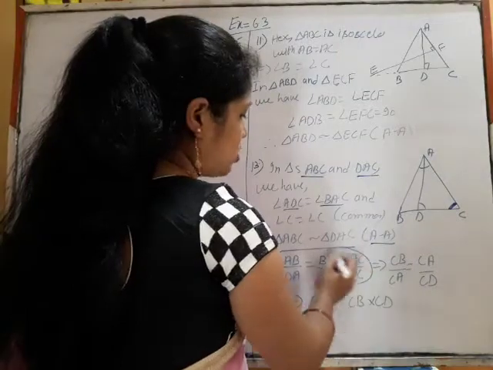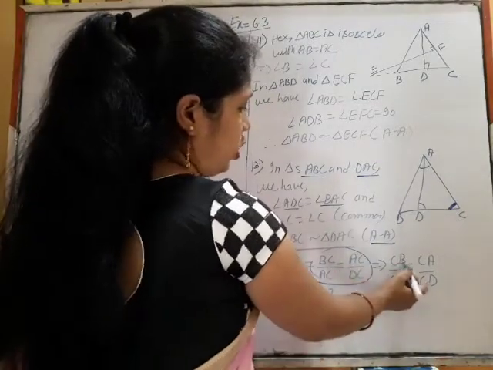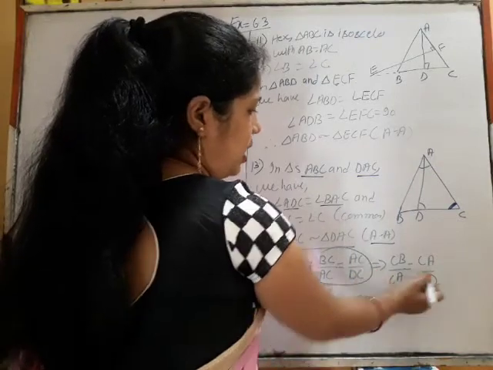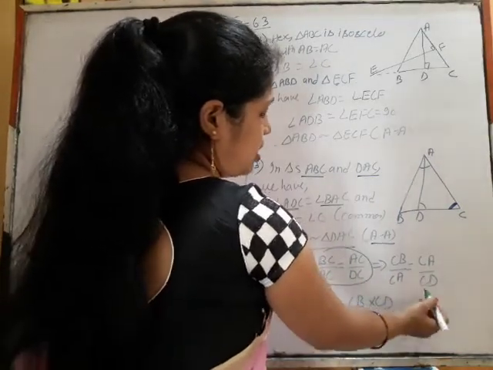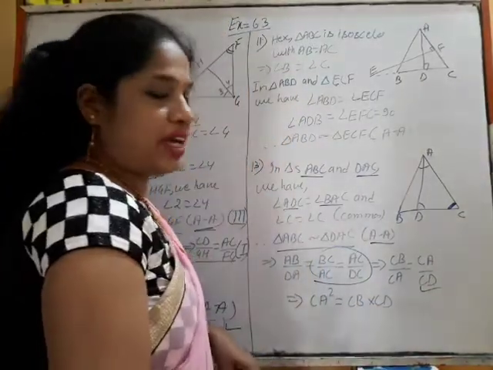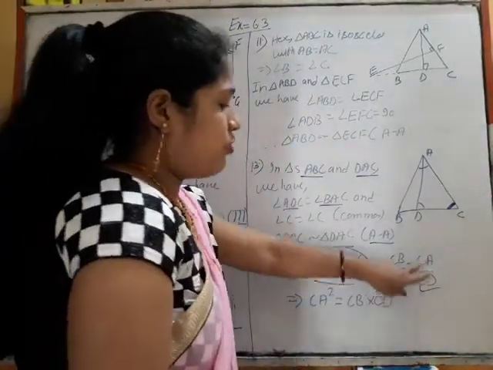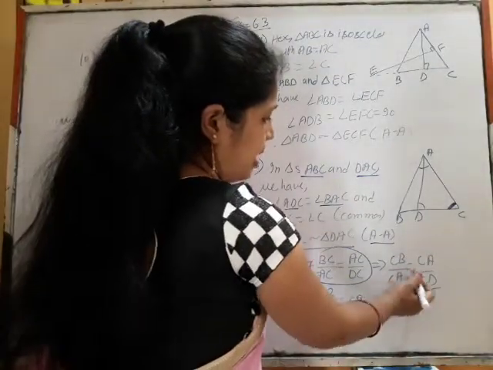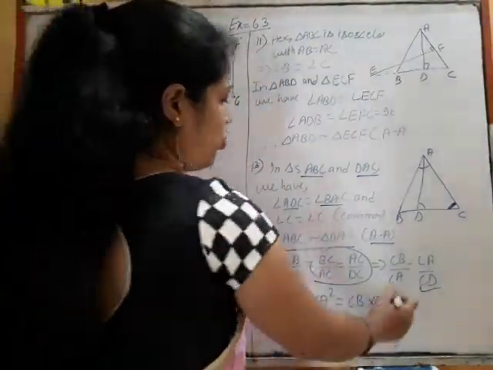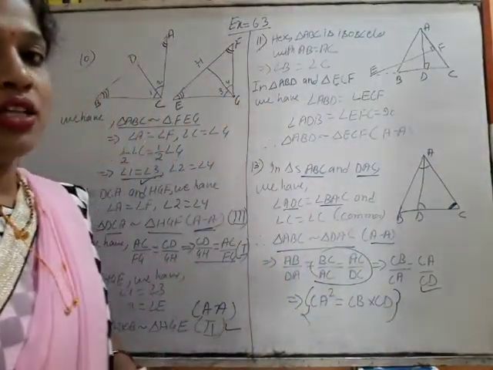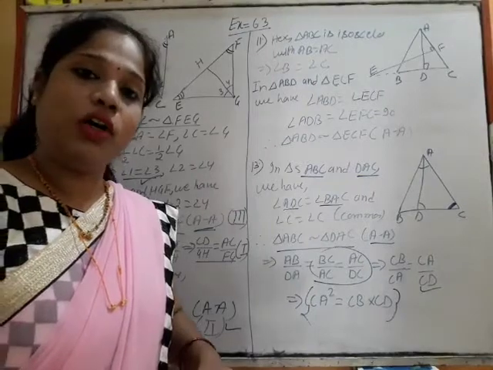We can write BC as CB, AC as CA, DC as CD. Now if we cross multiply, we get CA into CA, CA square, and CB into CD, which is our required result. We will do the other questions in the next video. Thank you.